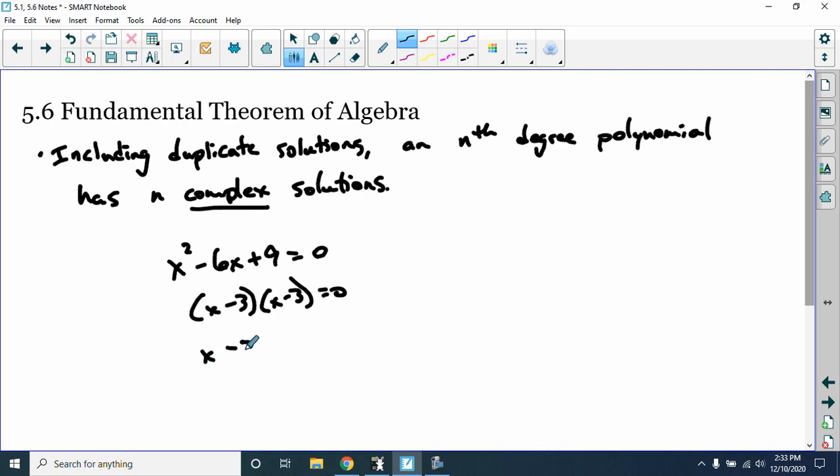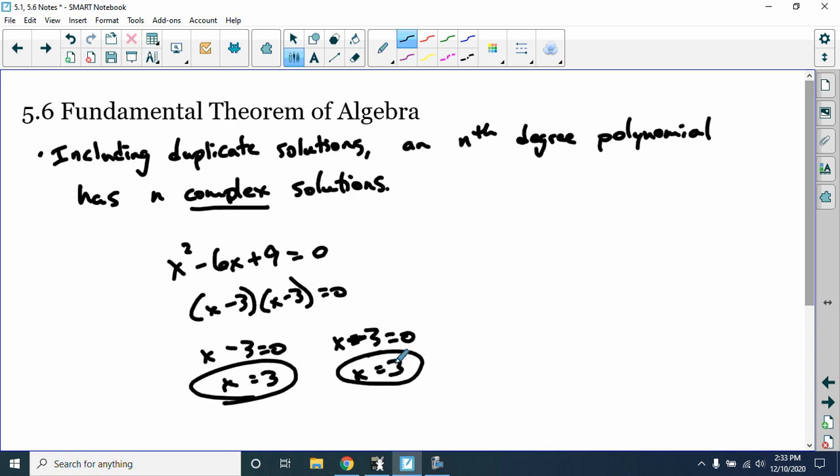So we get x is 3, and then I get x is 3 again over here, right? So technically there's only one solution. X equals 3 is the only solution. This is saying including the duplicates though. So we're going to count this as 2 even though they happen to be the same thing. So the degree is 2 and I wind up with 2 solutions.